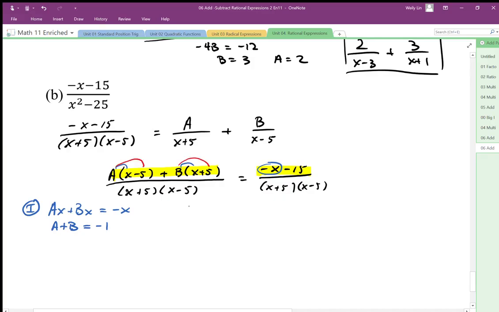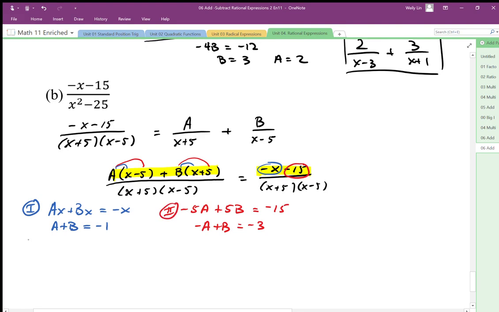We end up with negative 5A plus 5B equal to negative 15. I'll simplify this to negative A plus B equals negative 3. So that's relationship number 2.